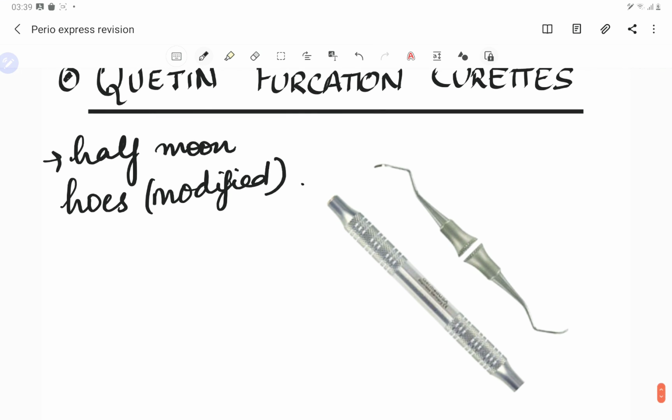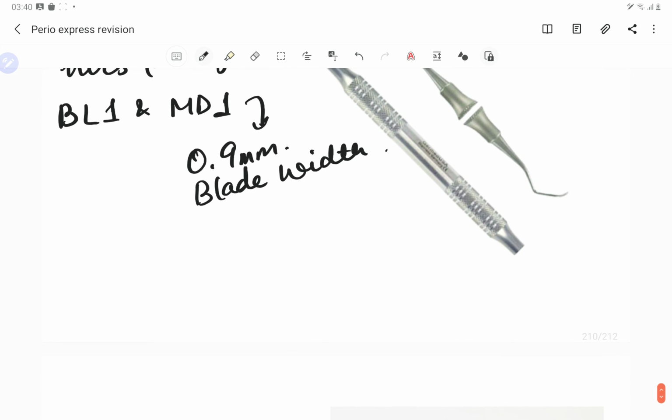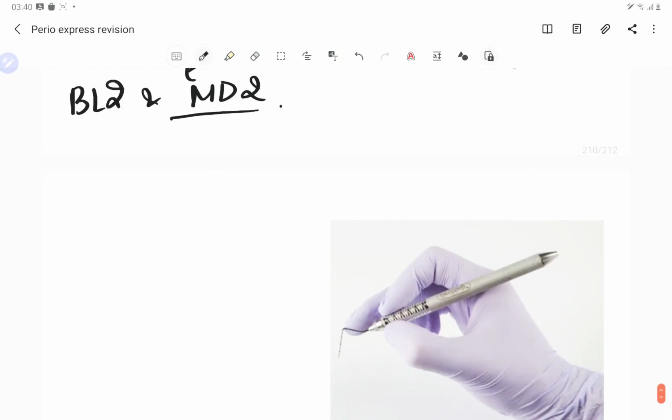So there are two types, the BL1 and MD1, which have a 0.9 millimeter blade width, and another one is the bigger width, which is the 1.3 millimeter blade width. So that are two, BL2 and MD2. So these are the furcation curettes.